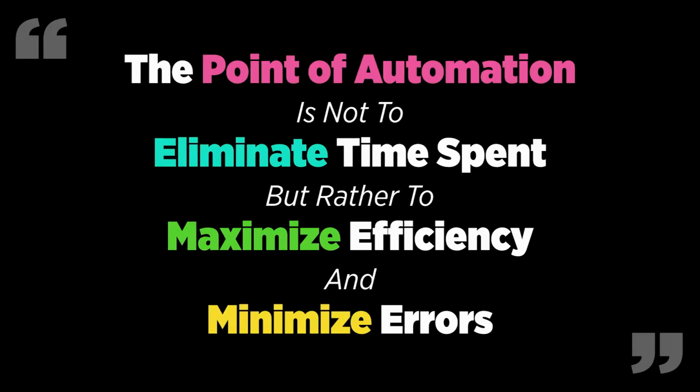So that's reason enough. But also I would say the point of automation is not to eliminate time spent completely, but rather to maximize efficiency and minimize errors when you're automating things. And what this means in the AutoPkg world is you want something to be repeatable, reproducible, reliable, and easy to document.